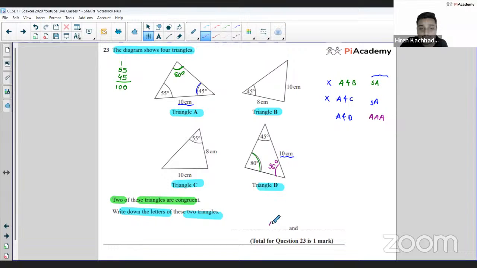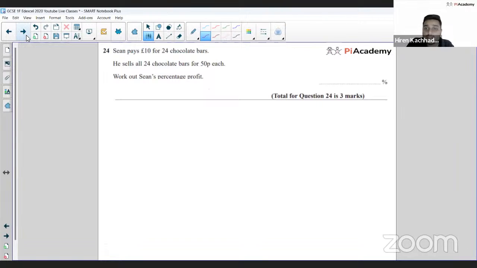Because these two triangles have all three angles the same. So by the rule of angles, triangles A and D are congruent, okay? Agree everyone? Yes? Okay. So let's move on to the next question, question number 24.